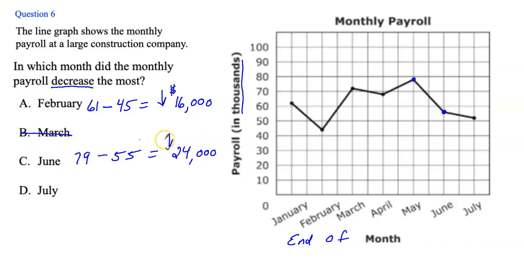So it went down more in June, right, than it did in February. Went down by $24,000. And we're looking for when it decreased the most. Well, it decreased more here than here. So I can get rid of February. Now we're down to June and July. Remember, June was this piece of the graph.